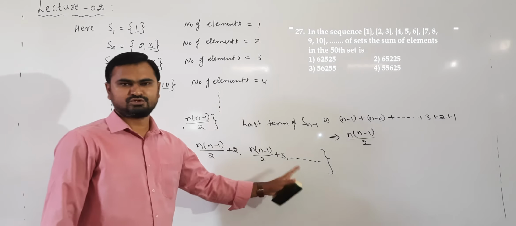It forms an AP where the first term is n into n minus 1 by 2 plus 1, the common difference is 1, and the number of terms is n. So using the sum of n terms in an AP, we can find the sum of elements in this set Sn. Understand? You have to observe the pattern of elements, how to write the elements of the set, and based on that we write the elements and then take the summation.